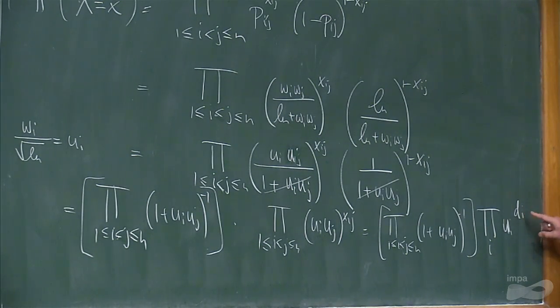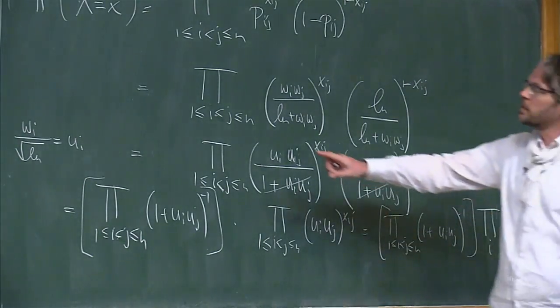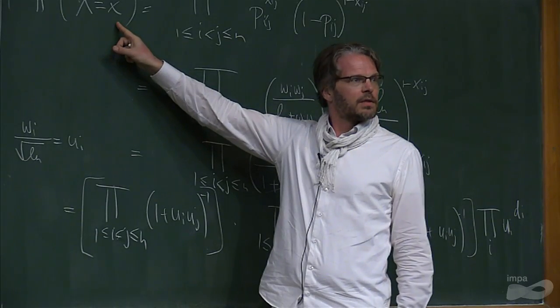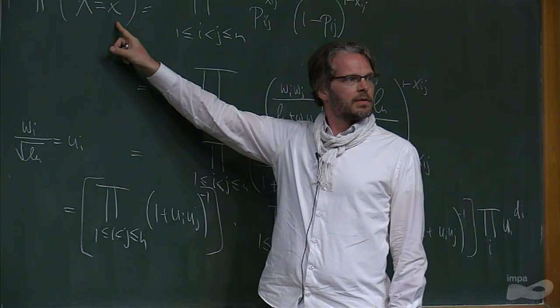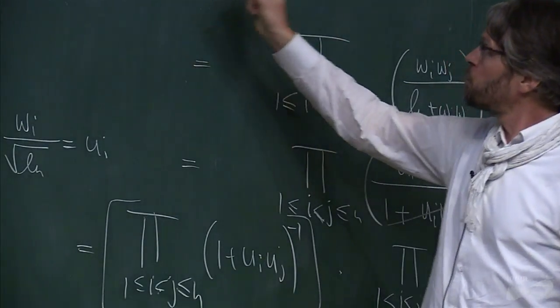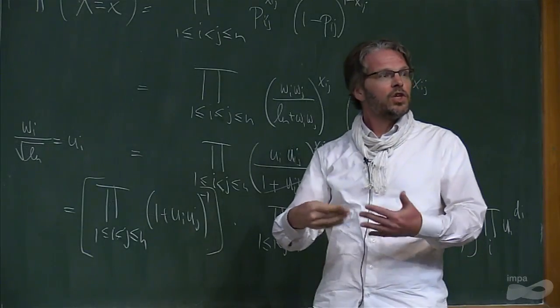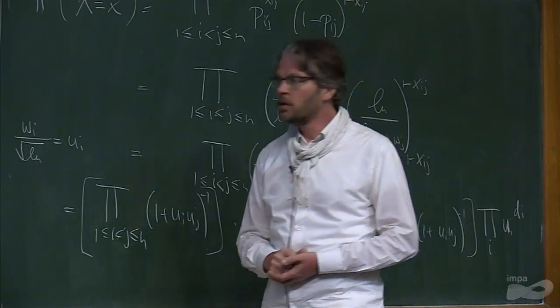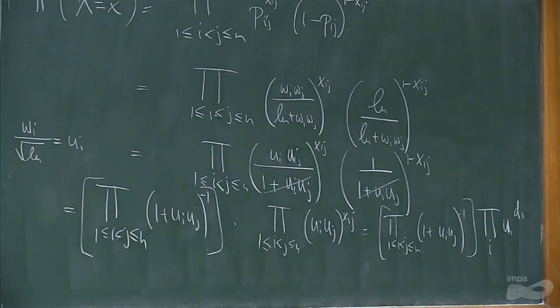Okay? So now what we've computed is that this probability here is actually a function of the degrees, and of the degrees only, not of the Xij's. That means that this probability is the same for every choice of the x's that produce the same degrees. But then if I look at this, one will be the same as that.